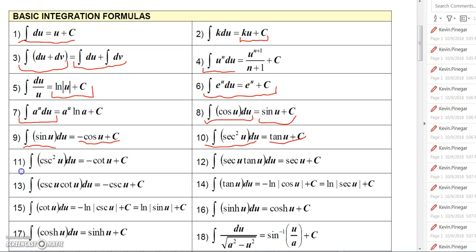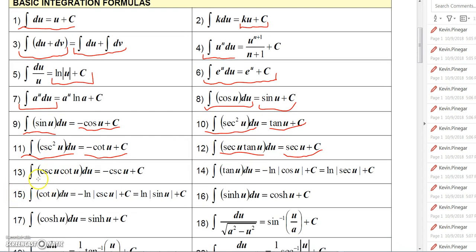If you integrate cosecant squared u, that's going to integrate to minus cotangent u plus a constant. If you integrate secant u tangent u, that's going to integrate to secant u plus a constant. And the last one, if you integrate cosecant u cotangent u du, that integrates to minus cosecant u plus a constant.